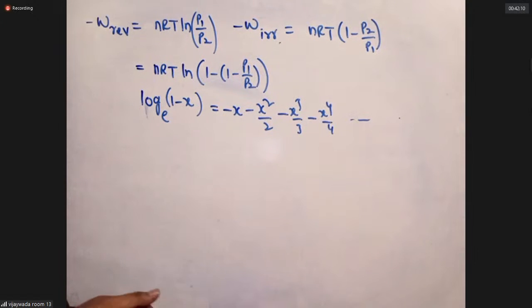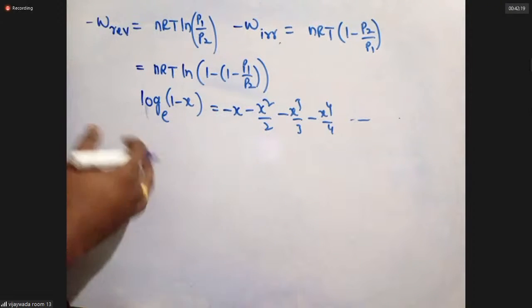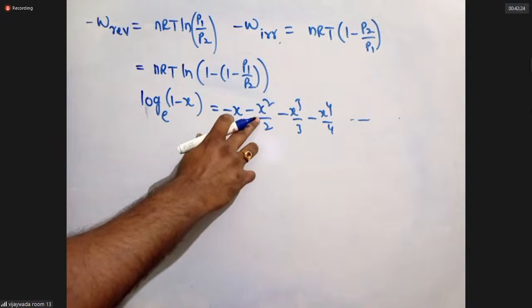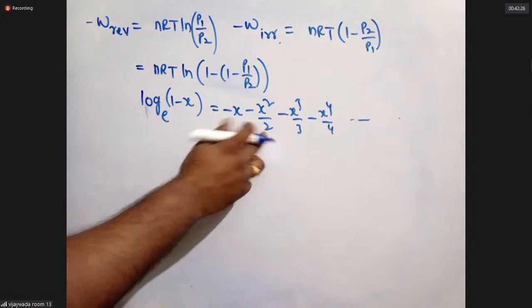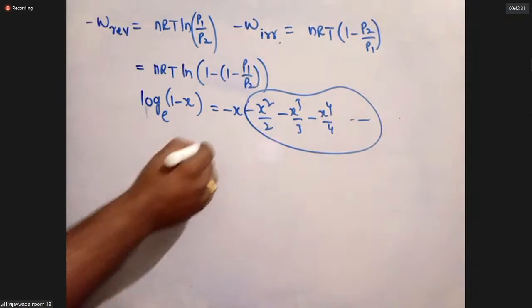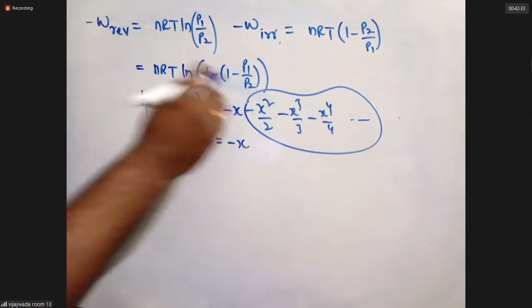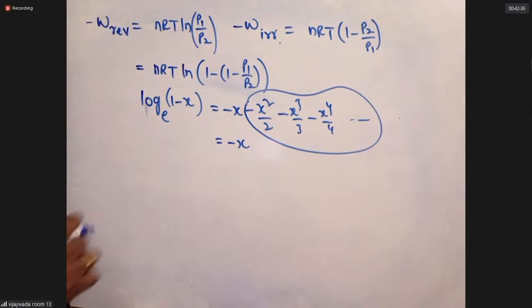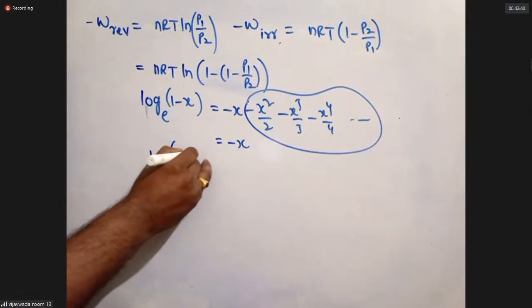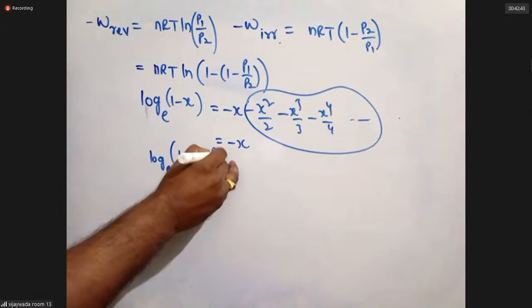Generally our change in pressure, the P1 by P2 value, will be very small. So I hypothetically assume that x is very small, then these terms are very small, so let us consider these negligible terms. Now I can consider only minus x. So log base e of 1 minus P1 by P2.